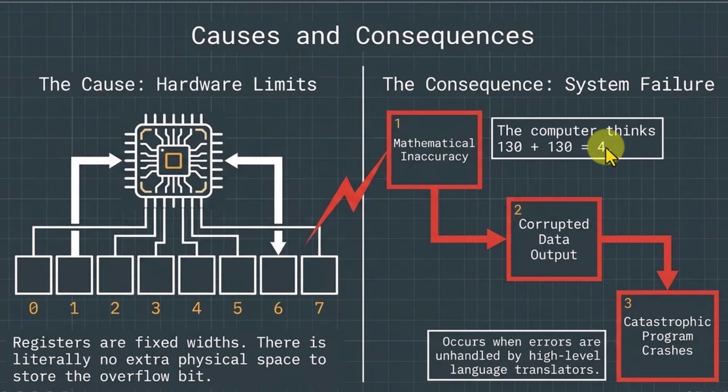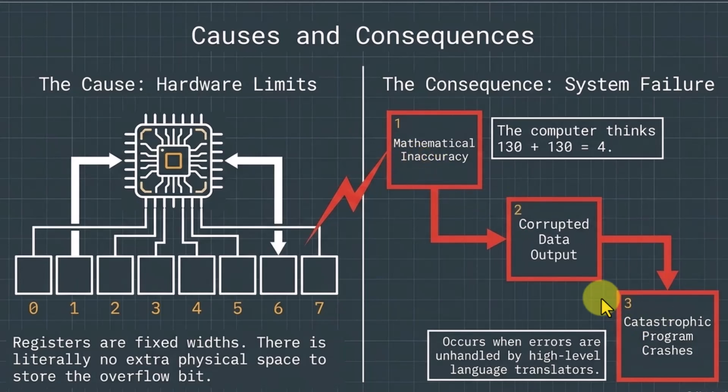It will wrap around and show you 4. Then corrupted data output and catastrophic program crashes. Many times, if this overflow is not handled by the high level language, then our program will simply crash. So these are the consequences.